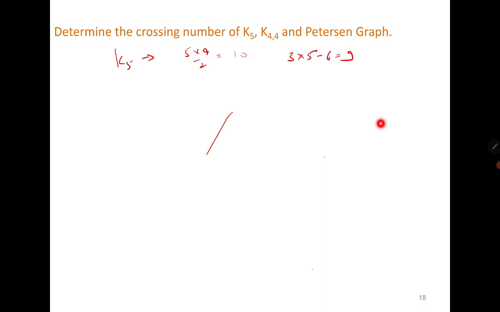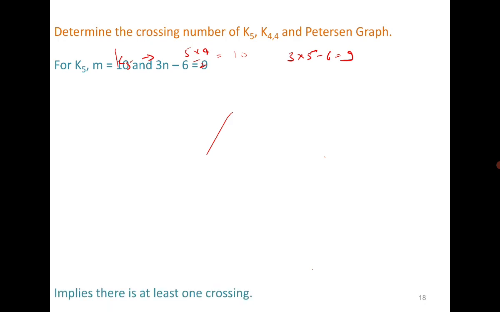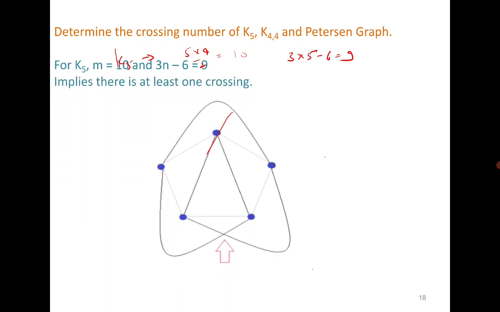It means K5 has at least one crossing. If we can draw K5 with one crossing, then 1 is the crossing number. So this is the drawing of K5 with one crossing, and this is why its crossing number is 1.